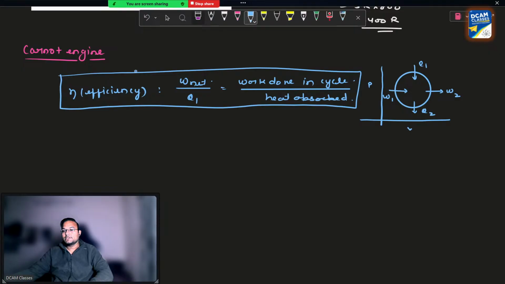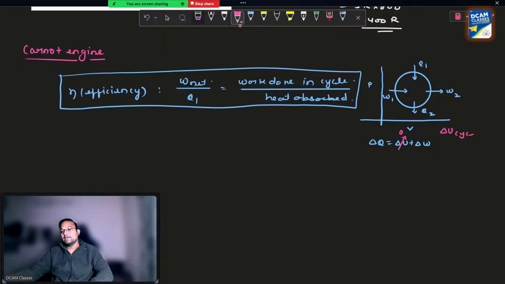In such cases, we apply dQ is equal to dU plus dW. In a cyclic process, as we learned earlier, the total internal energy change is zero.